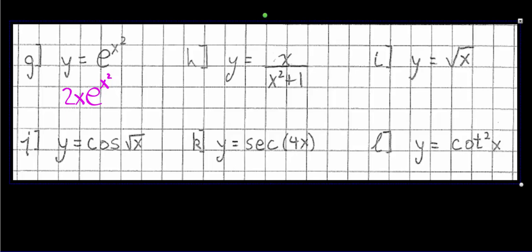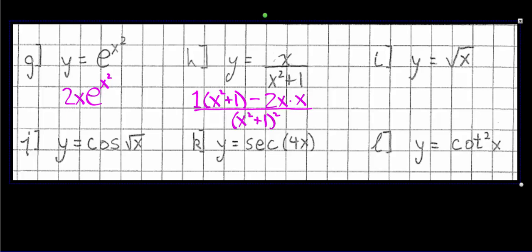Now, the next one, we've got a quotient. So we're going to use the quotient rule. The derivative of the top times the bottom minus the derivative of the bottom times the top, all over the bottom squared. Now, when you're talking about the bottom squared, you don't want to multiply that out.